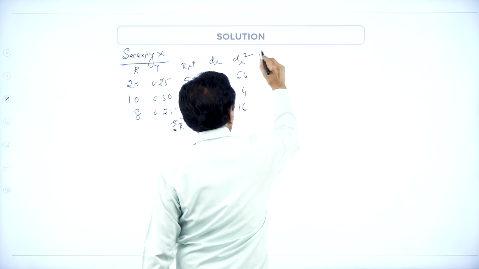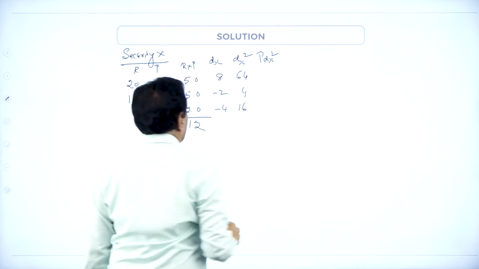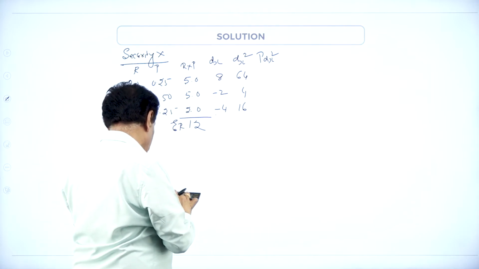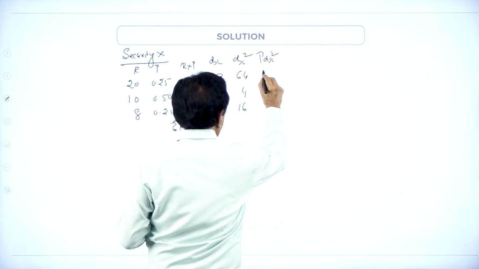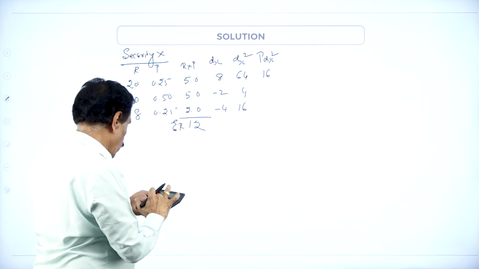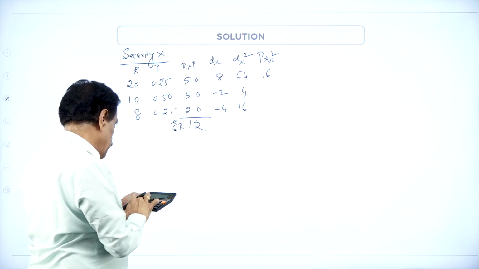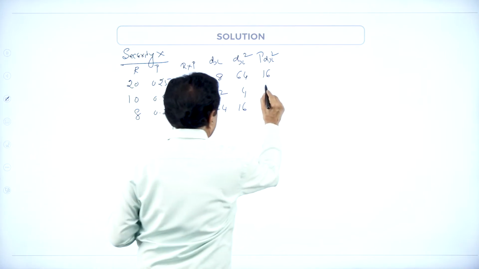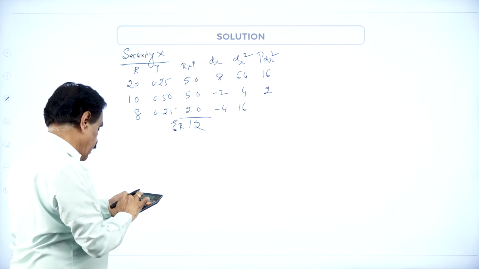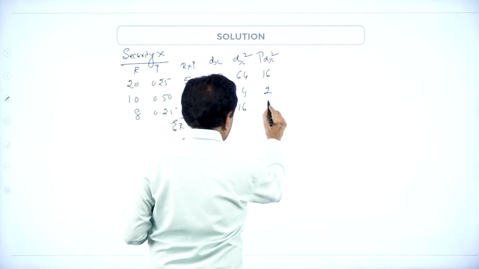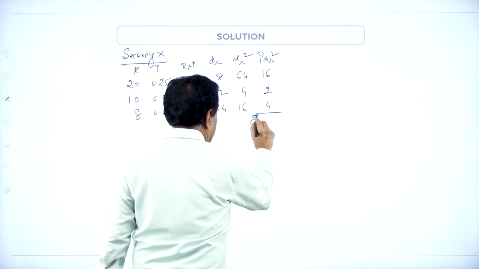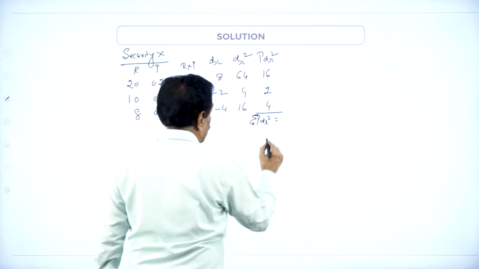Multiplied by P: 64 into 0.25 is 16, 4 into 0.50 is 2, 16 into 0.25 is 4. Adding, sigma P dx square is 22.